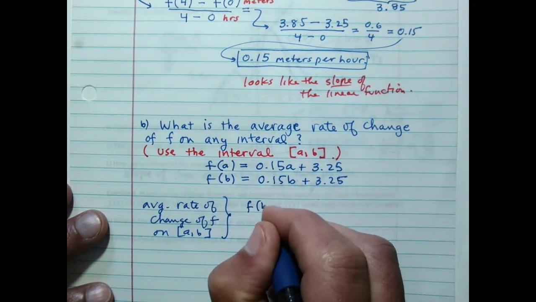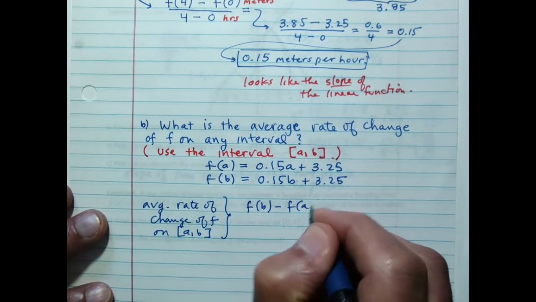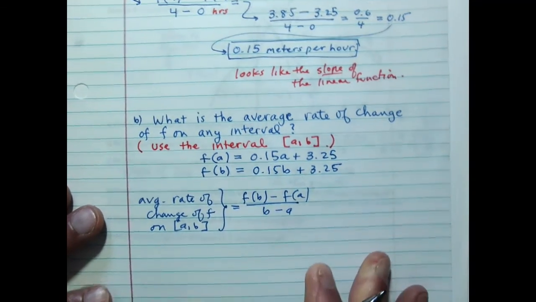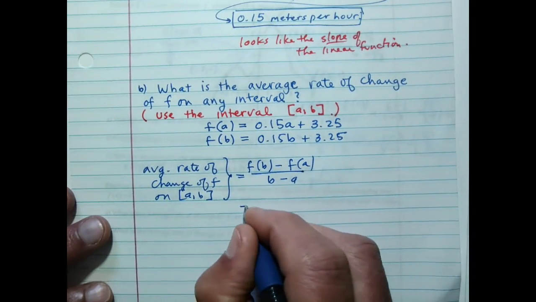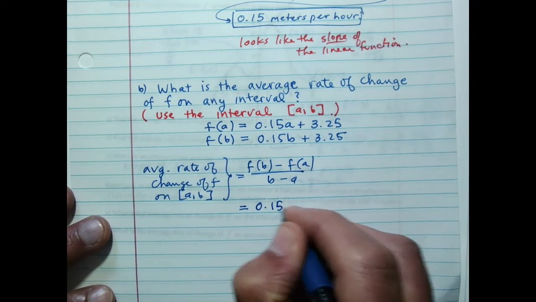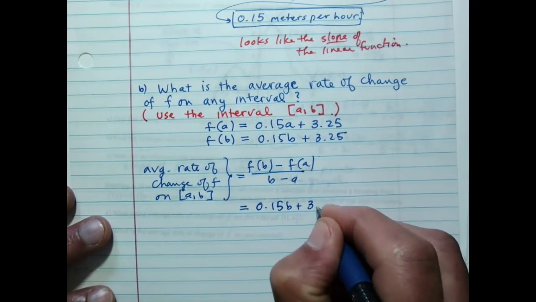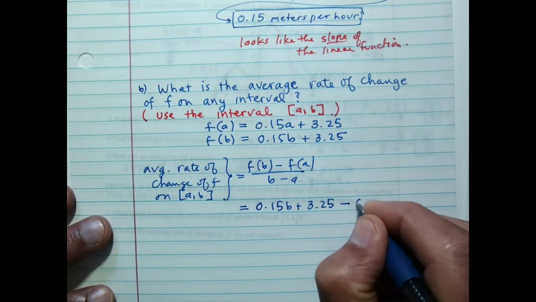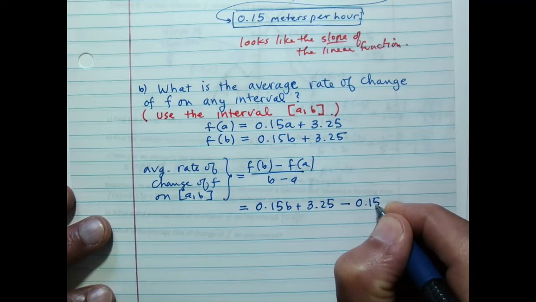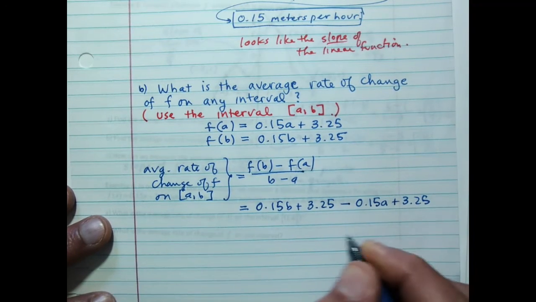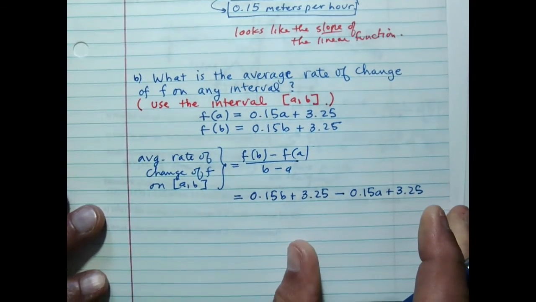This is f of b minus f of a over b minus a. That's the formula for average rate of change. If I plug in, I have 0.15b plus 3.25 minus 0.15a plus 3.25. Now here's a good little algebra point.